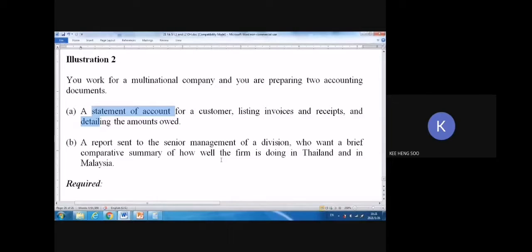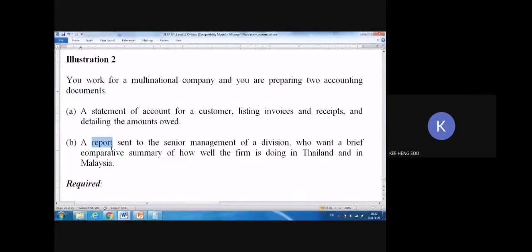I cannot tell the customer, hey, you owe me about 500 ringgit. About 500 can be $498.35 or $508.05. The materiality concept applied here must be very accurate.